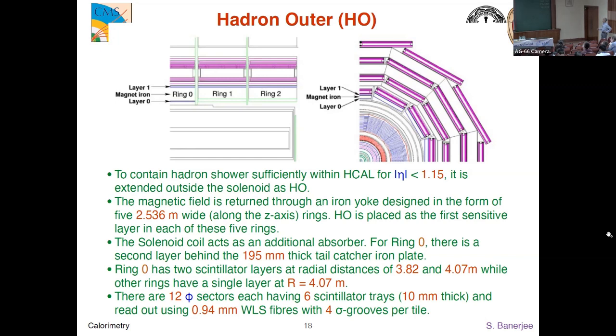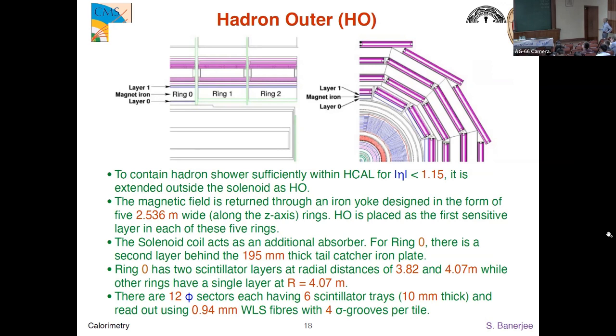The total interaction length is less than 6. So obviously, if you require an interaction length of more than 9 or 10, you have to add some readout system to absorb the entire hadron calorimeter shower before the punch throughs go to the muon system. So we have 2 layers of scintillators.